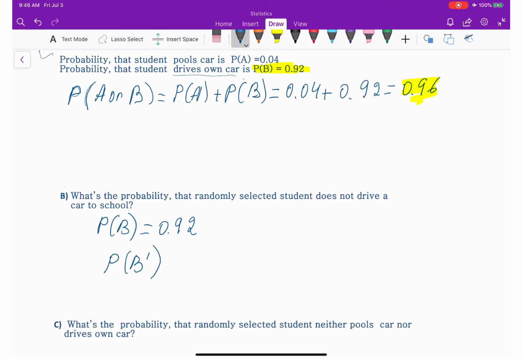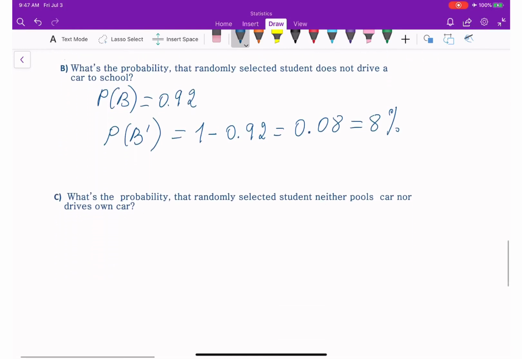There we go. It's going to be 1 minus 0.92, and that is equal 0.08, which is 8%. Multiplied by 100, right? Decimal notation. It's 8%. Okay. Moving to next question.